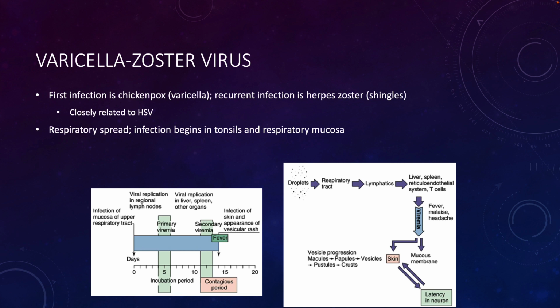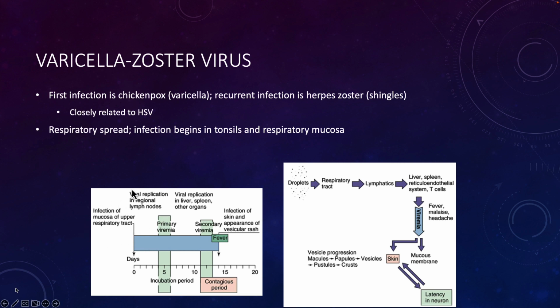However, unlike the herpes simplex viruses, which are transmitted by generally close contact, chickenpox is transmitted through respiratory spread. And infection will generally begin in the tonsils and respiratory mucosa. So you'll have infection of the upper respiratory tract.